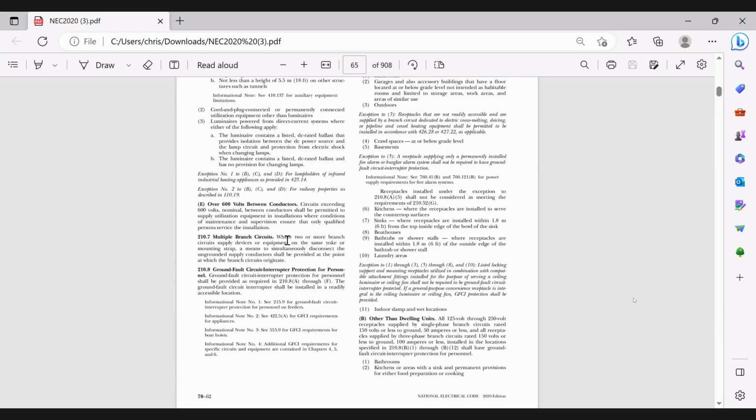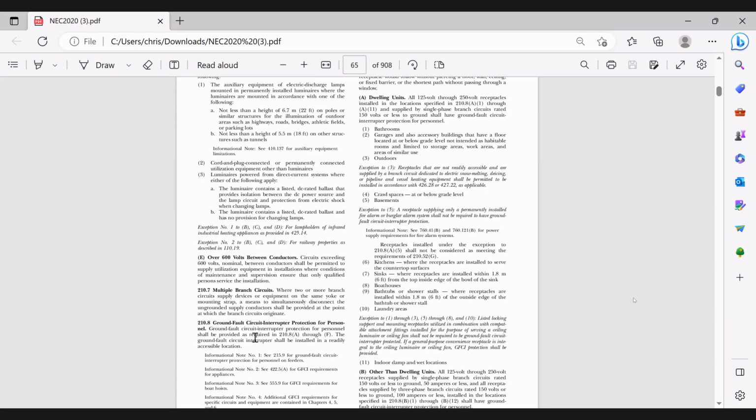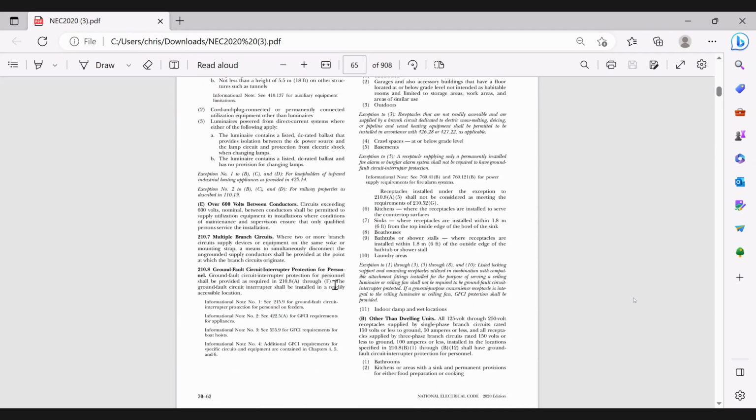So behind a refrigerator or a freezer in a garage, let's take a look at our requirements. Ground fault circuit interrupter protection for personnel required. So this last sentence here, if you read through the beginning of it, this is the sentence we're looking at. We need to provide it as required in A through F.